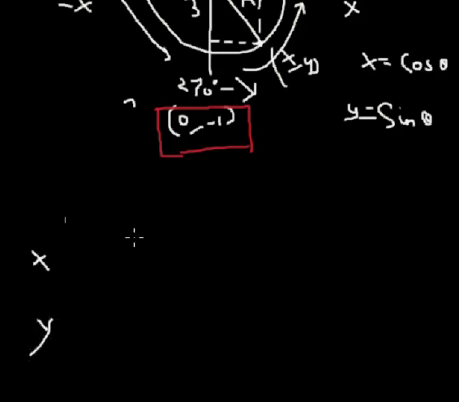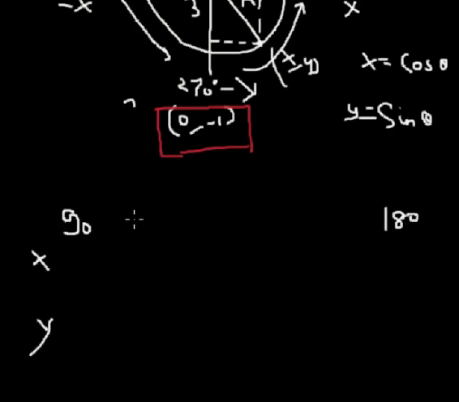So I'm in the second quadrant. I start from 90 and end at 180 degrees. What degrees lie between 90 and 180?